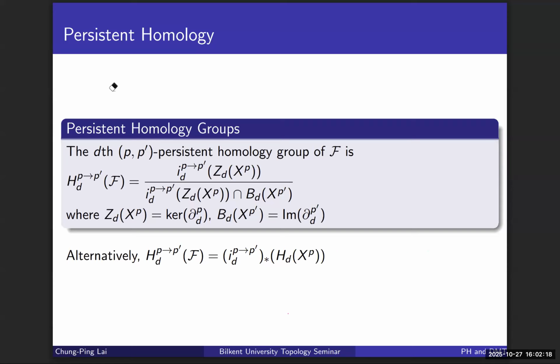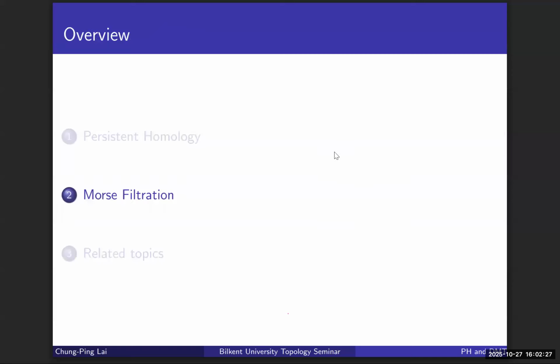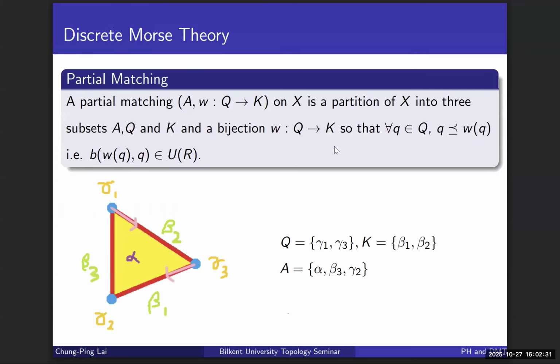Okay, so now I have discussed persistent homology and motivated the thing I want to compute. So what do we want to do with it? Well, now it's time for discrete Morse theory to come in. A quick review of the topics in discrete Morse theory we discussed last week.